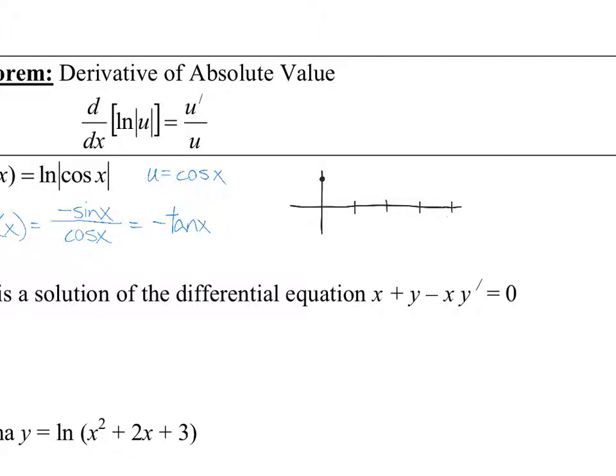There's 2 pi. Here's pi. Here's 3 pi over 2. Here's pi over 2. And normally cosine goes like this, down to pi, hits 0 there and goes there.